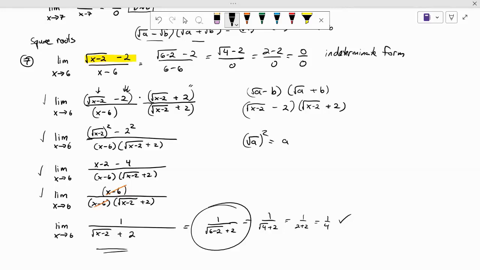And then for the actual response to the question, the limit as x goes to 6 of the function equals, and in this case it would be 1 over 4. Yeah, something like that. So you keep writing the limit until the end?